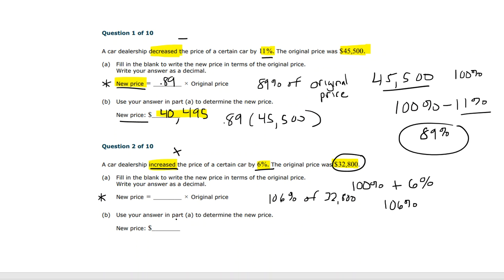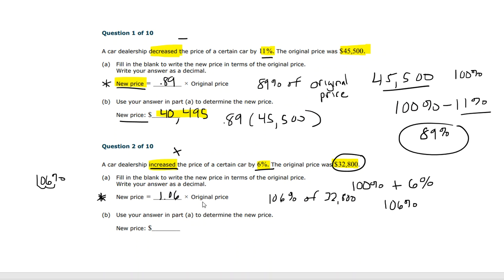Okay, to go ahead and fill in our answer here, we need to change this percent to a decimal. Whenever you are changing a percent to a decimal, you move the decimal 2 places to the left. So this is going to be 1.06 times the original price.